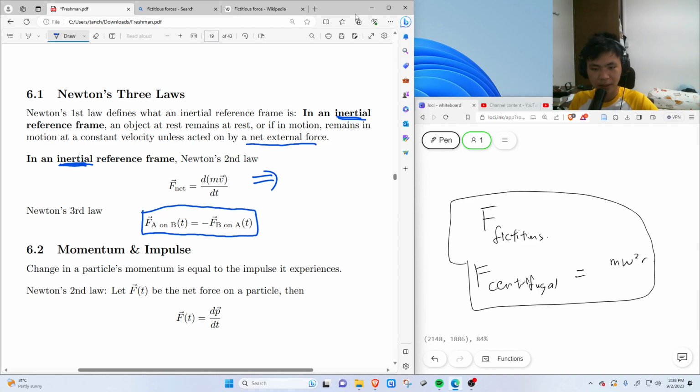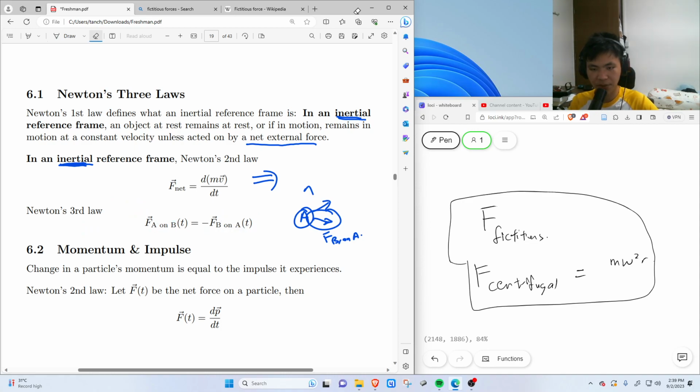Do note that the left-hand side is A on B, meaning that we're actually considering the force body diagram of B. So consider all the forces on B, and one of them is due to another object A, and that's what we call A on B. Whereas this one over here is B on A, meaning that we're actually considering the force body diagram of object A, and there are many forces that act on it, and one of them is from B, so that's what we call B on A. So even though these two are equal, they're acting on different objects. It's just something to take note of.